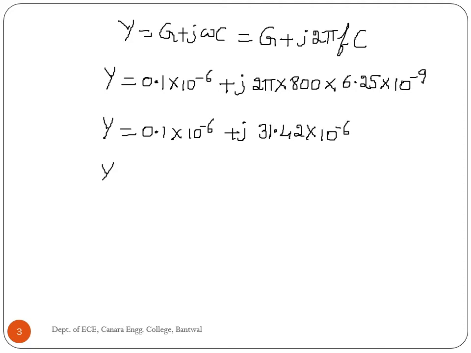Therefore, Y is equal to 31.42 into 10 to the power minus 6 angle 89.82 degree, which is the polar form of Y.